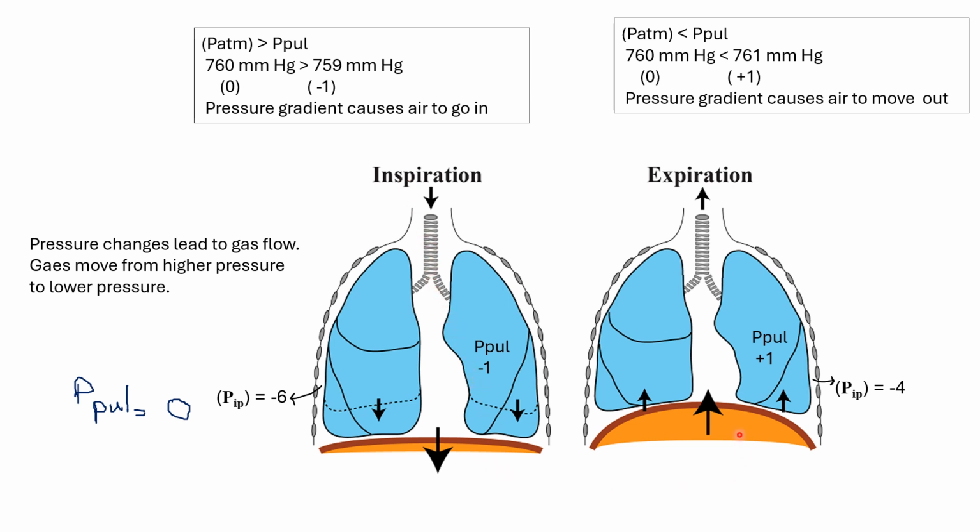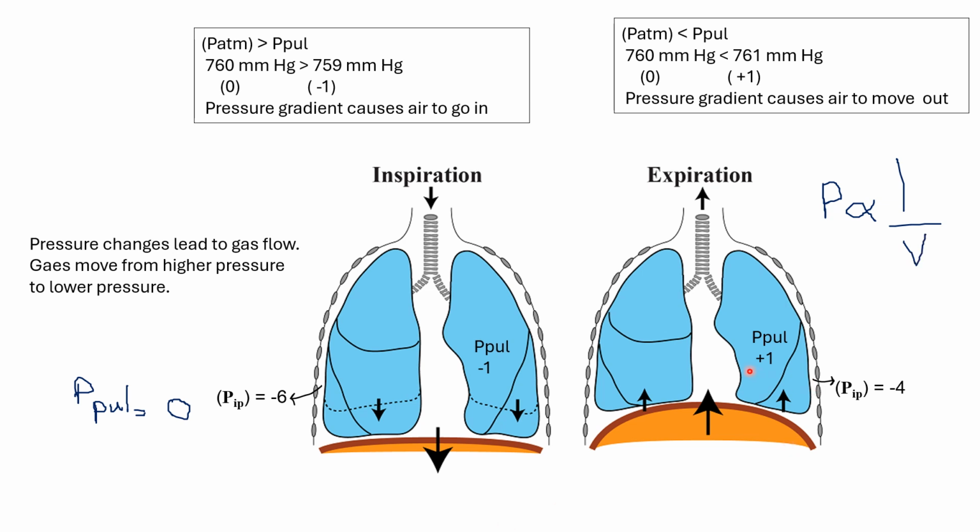And then what happens when the diaphragm relaxes? It comes back up, the lungs are pushed up, and the volume in the lung is decreased. We know that pressure is inversely proportional to volume according to Boyle's law. So when the volume is decreased, the pressure is increased.